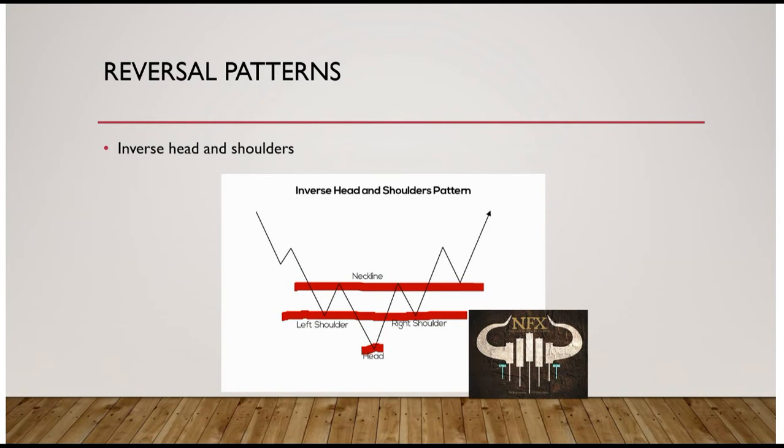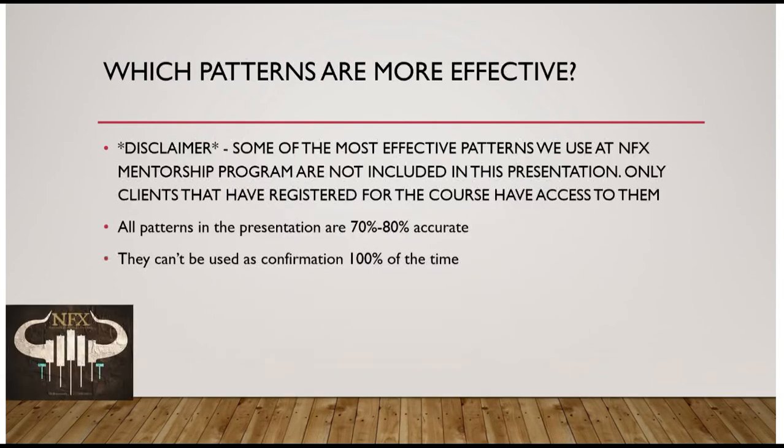And then obviously confirmation above the neckline will indicate that we're now entering a buy trend right here. So those are the head and shoulders and the inverse head and shoulders.